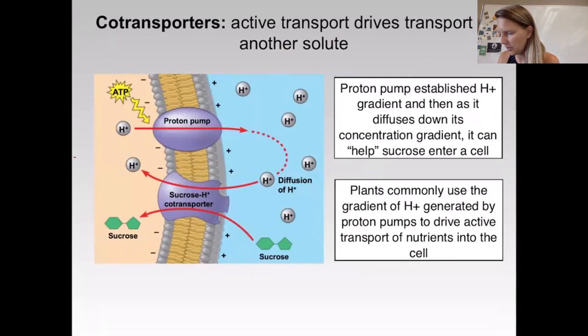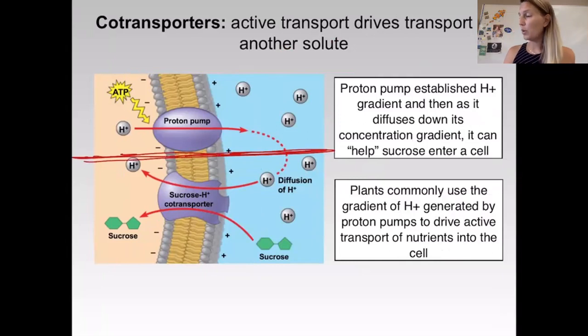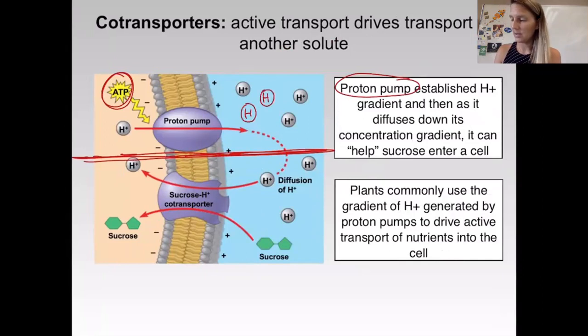So look first, I'm just going to draw a big solid line. First, we have a proton pump, all right? That purple proton pump is going to use ATP, and it's going to pump hydrogens across against their concentration gradient. So we get a buildup of H's over here, right? That creates a concentration gradient, right? We know that things like to flow down their concentration gradients.